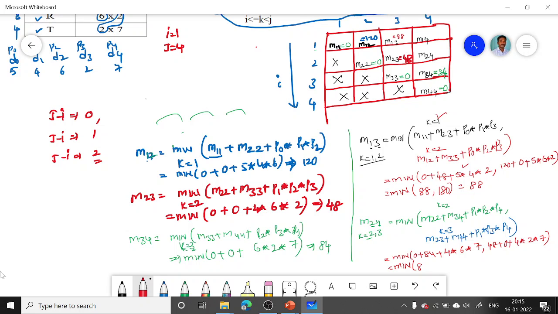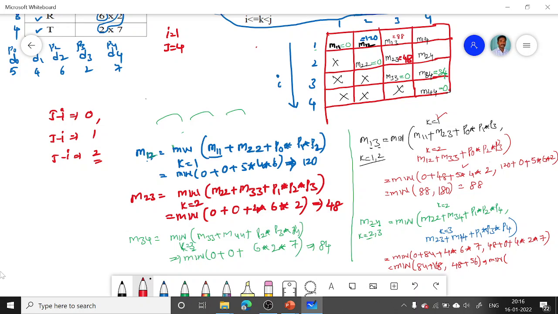So 84 plus 168, comma. So 48 plus 4 into 2 into 7, 8 sevens are 56, which is nothing but the minimum of.